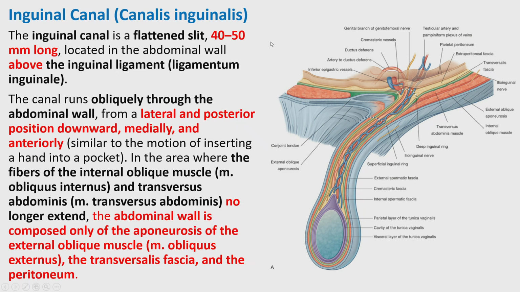This canal is approximately 4 to 5 centimeters from here till here, and is located in the abdominal wall above the inguinal ligament, and is going obliquely, as you see, from the superior, lateral, posterior, going downward, medially, and anterior.